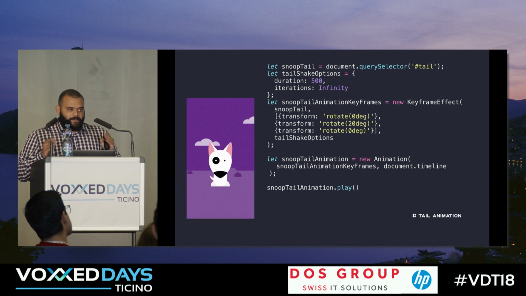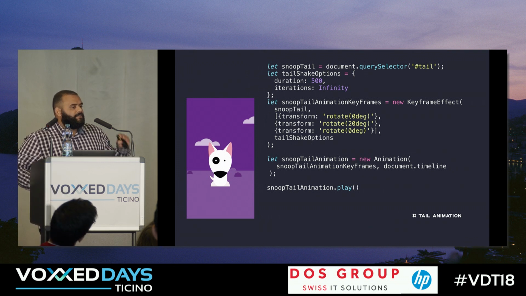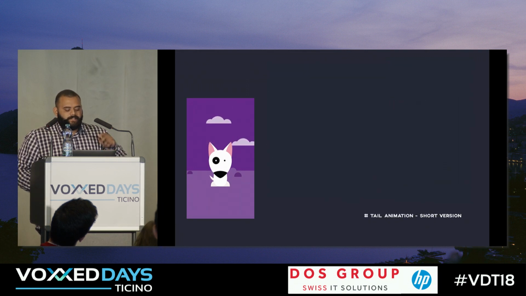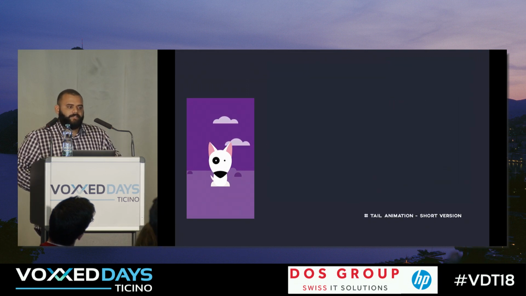The Web Animation API has two kinds of API. This long version and also a shorter version that's much easier. And I will show all the other examples with this shorter version because it's better.